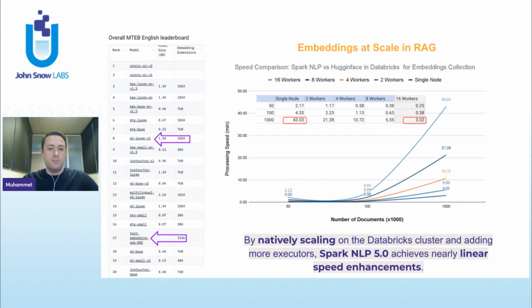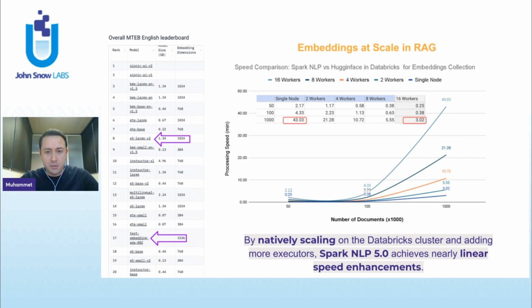As you can see on the left side, there are some embeddings models that you can use in your RAG architecture. But since Spark NLP sits on the shoulders of Apache Spark itself, you can run your datasets on distributed systems instead of running on a single node.